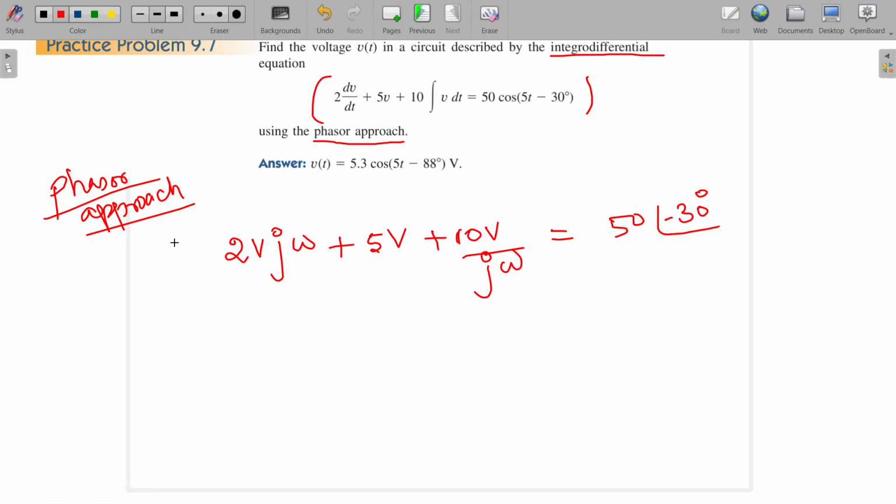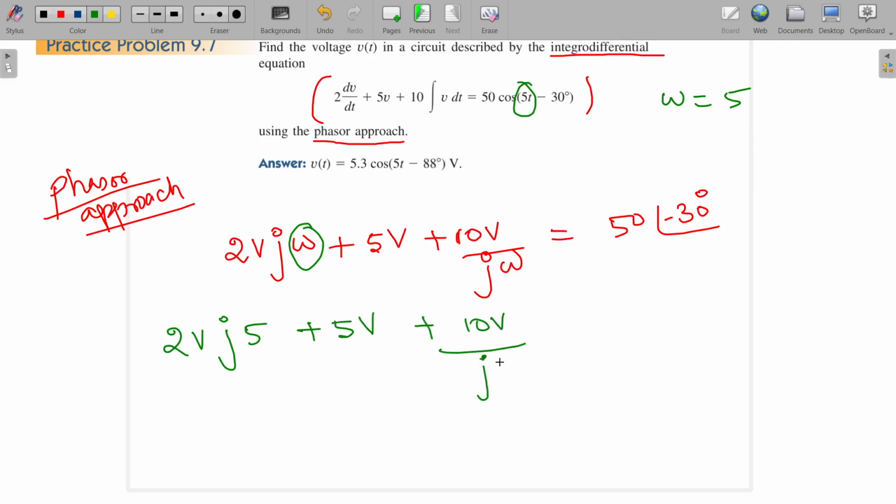This is the phasor form of this integrodifferential equation. This omega can be obtained from this equation as 5. So in place of omega you can write 2V into j into 5 plus 5V plus 10V divided by j5, that is equal to 50 angle minus 30 degrees.